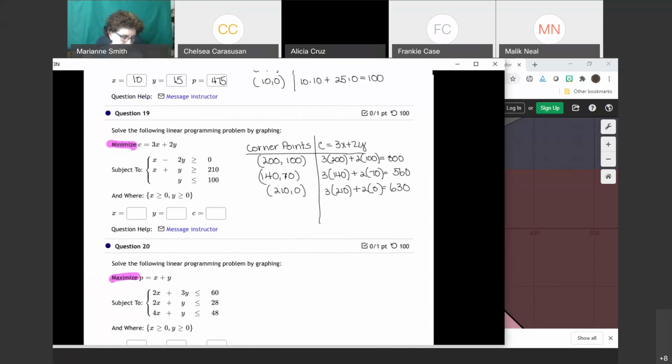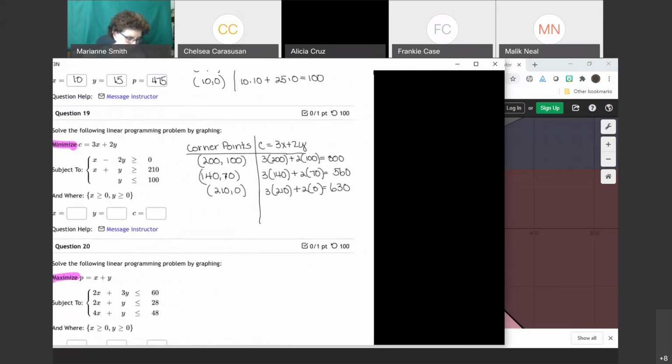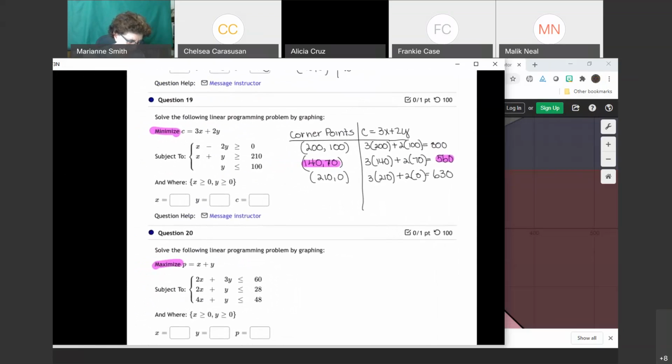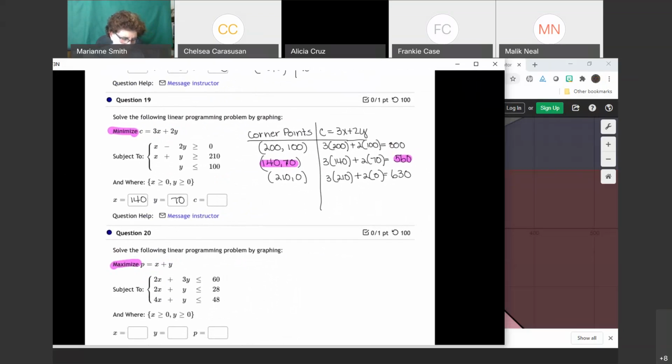Now here, since I wanted to minimize, I'm looking for the minimum value of C. That's going to happen when x is 140, y is 70, and C is 560.